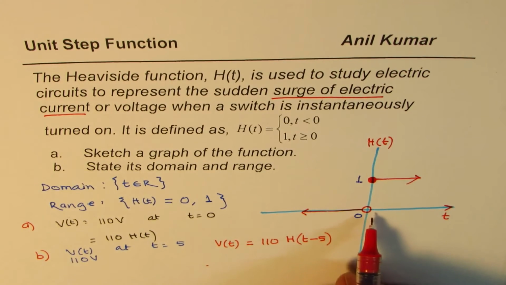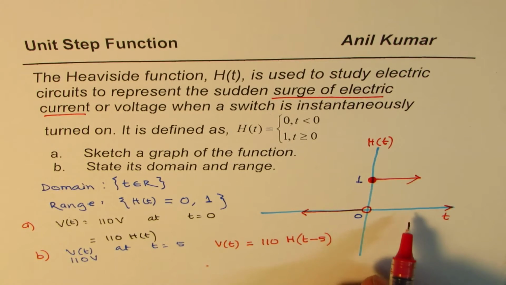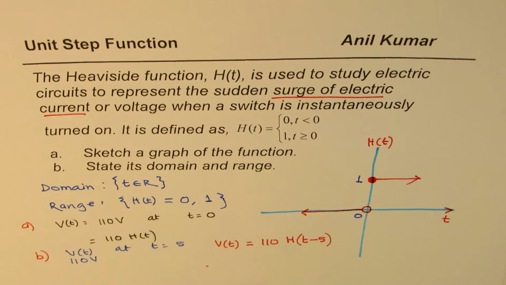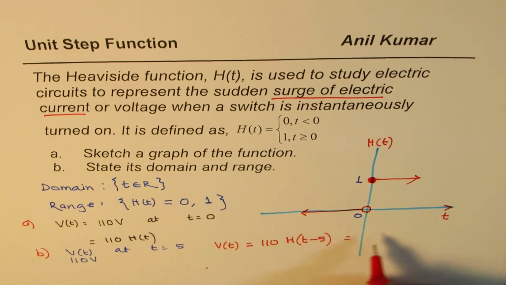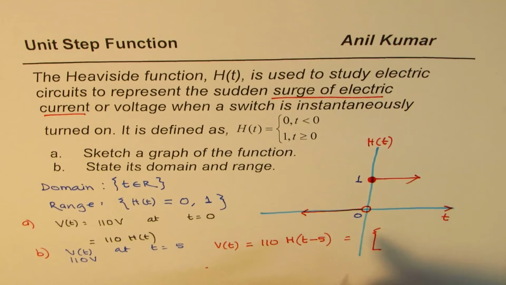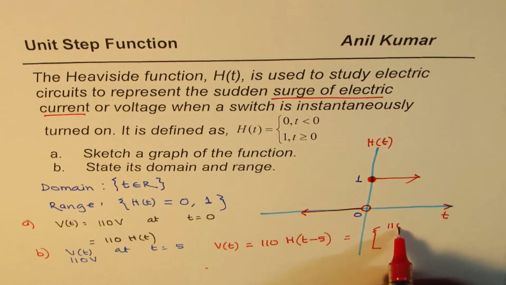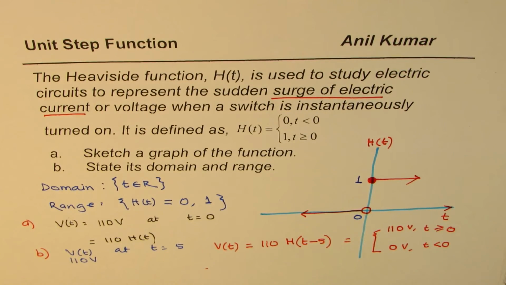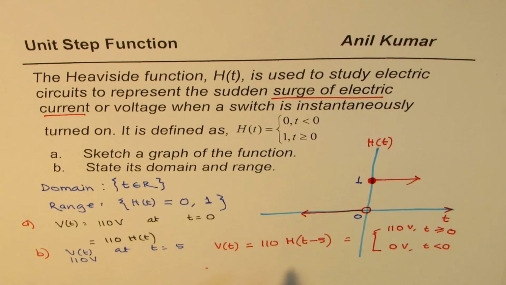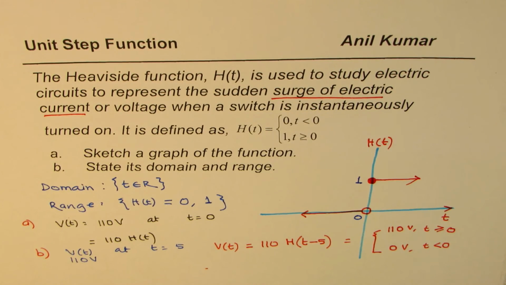So we have moved it 5 units to the right. Do you see that? So that becomes the value of the function, and it could be represented as equal to 110 volts when t is greater than or equal to 5, or it is 0 volts when t is less than 5. Does it make sense to you? So that's an application for this particular unit function, unit step function.